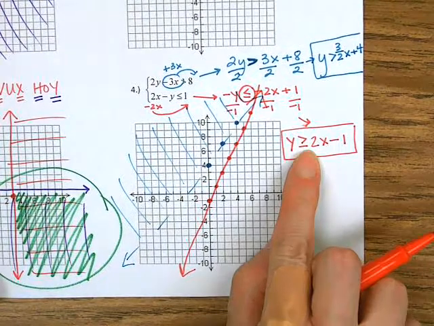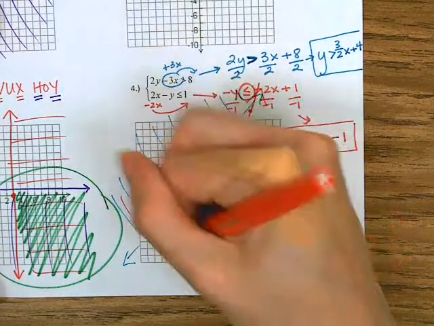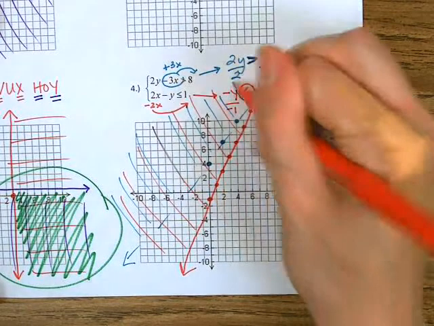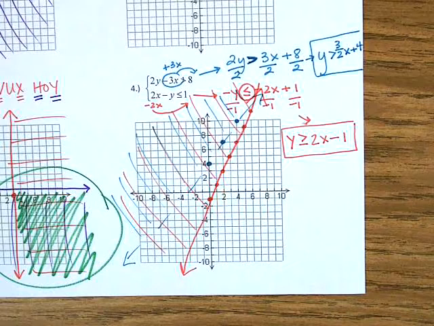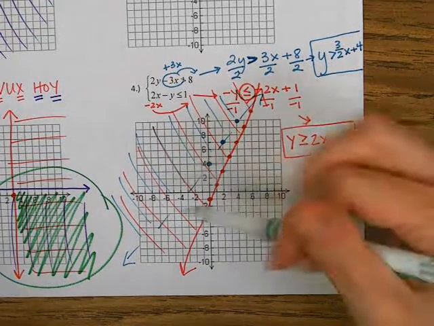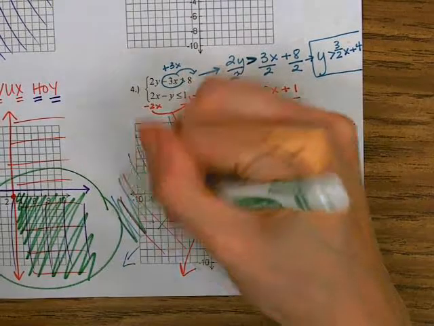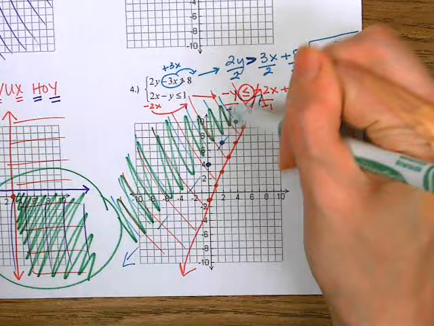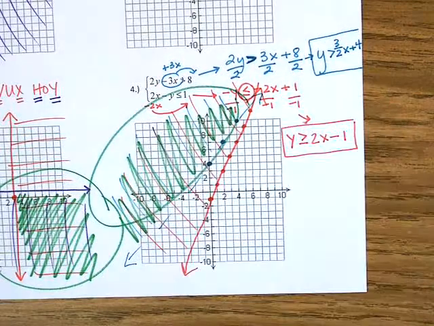And greater than or equal to is everything above it. All right, so find the overlapping region where it's blue and red. It's this section right here, or you could just circle it.